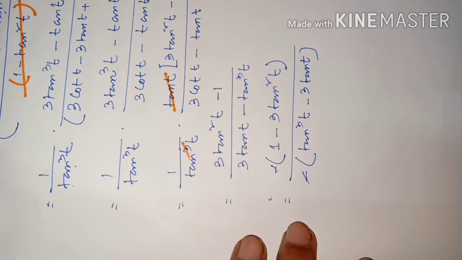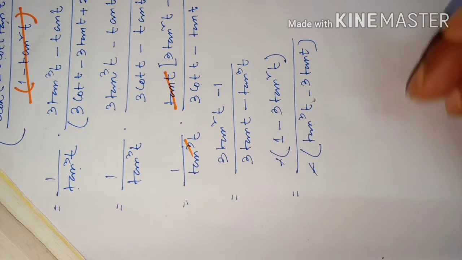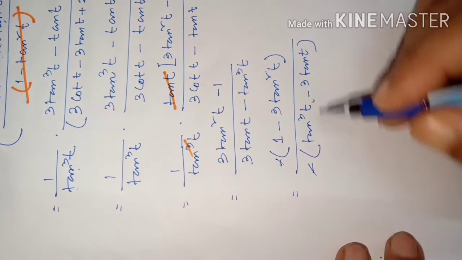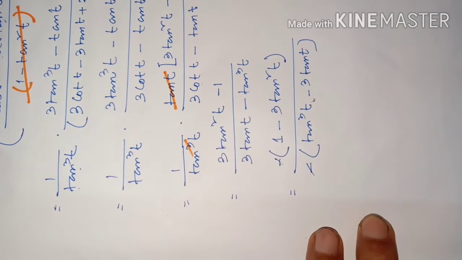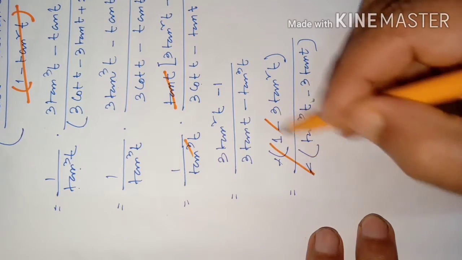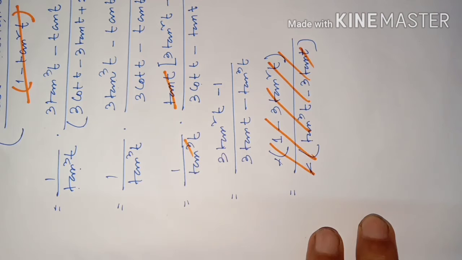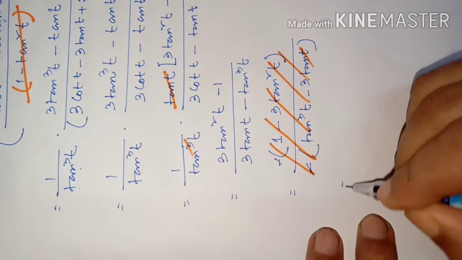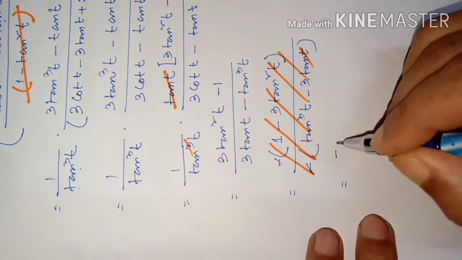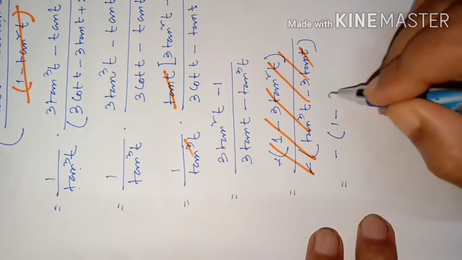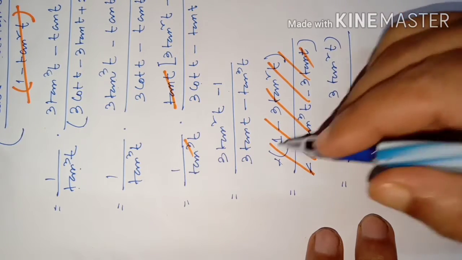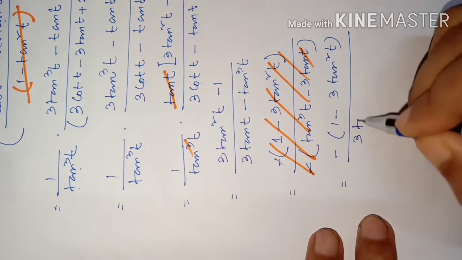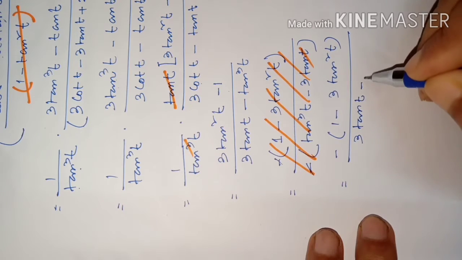Okay, dear students, in the denominator we don't require to change the order, we can keep it as it is. Students, this minus sign, don't cancel it immediately, just keep it like this. It will be better if we take a minus sign common from here. It will be 1 minus 3 tan square t by the denominator as it is, that means 3 tan t minus tan cube t.